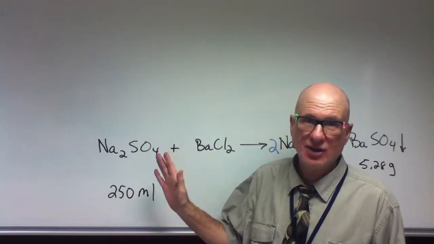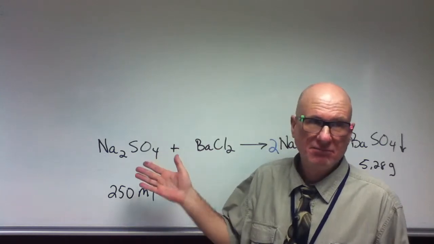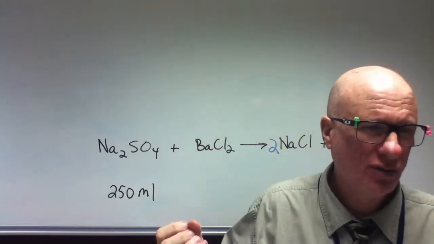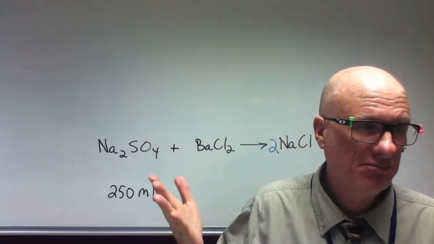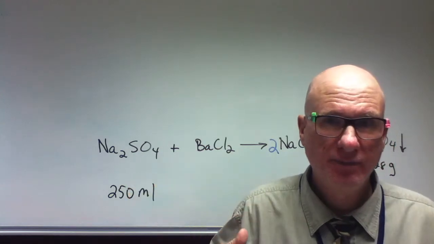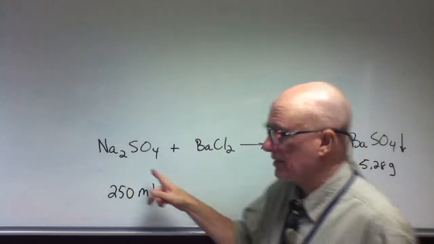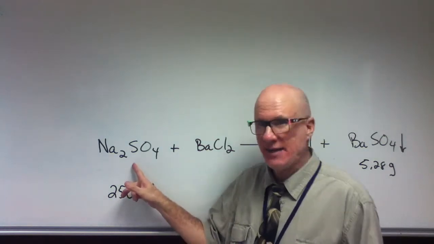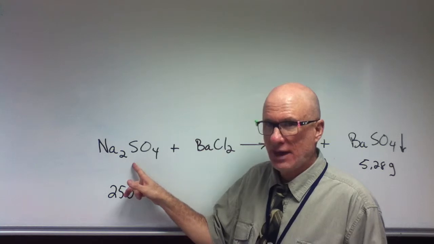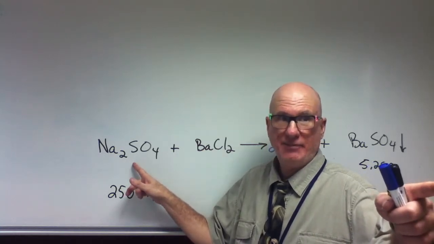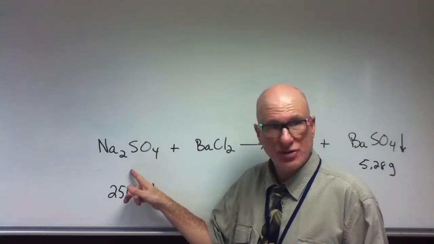Very similar to the last problem, isn't it? Try to think, what do I have to do? I find the mass of this, and then I convert that to moles.